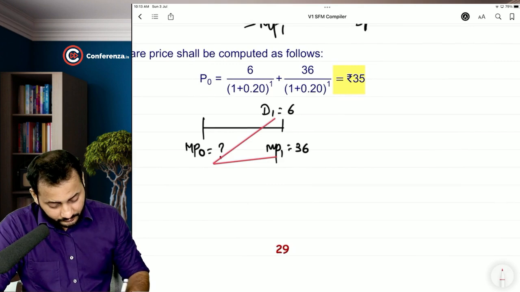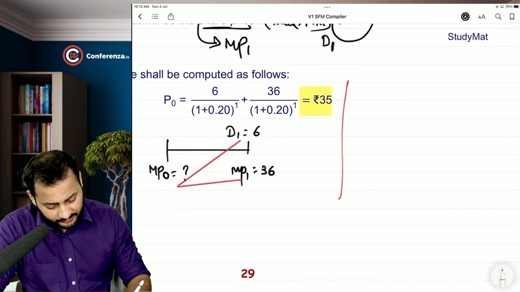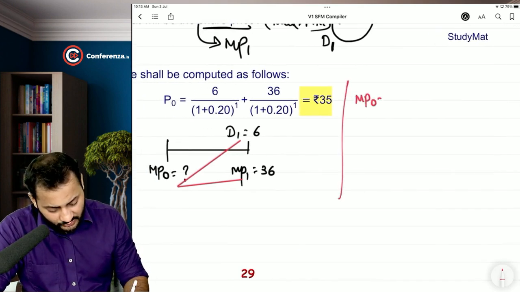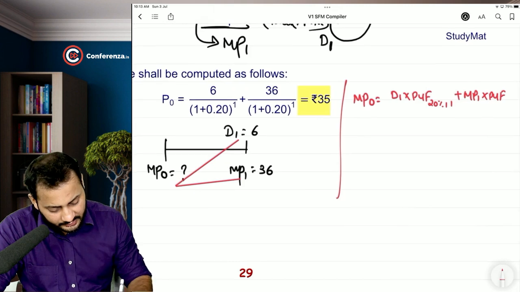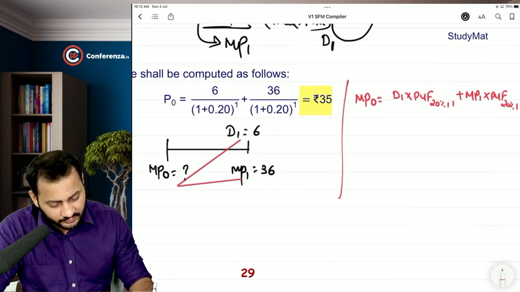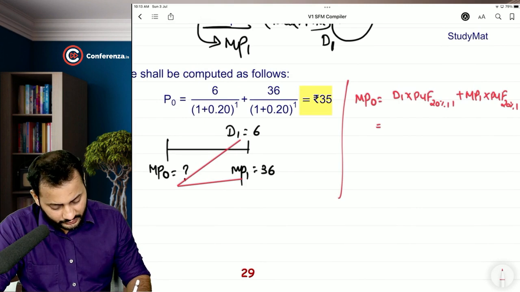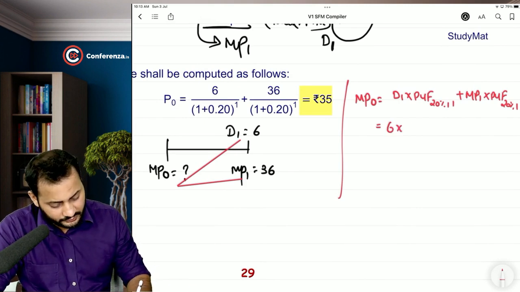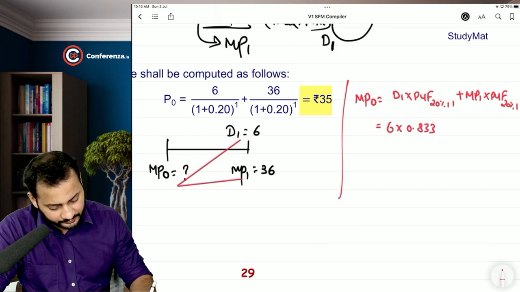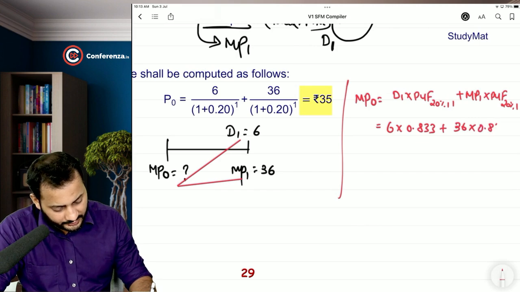Okay. In other words, I will write down the same: MP0 is equal to D1 into present value factor at 20% for 1 year plus MP1 into present value factor at 20% for 1 year. So it goes to 6 into 1 divided by 1.20, which is 0.833, plus 36 into 0.833.